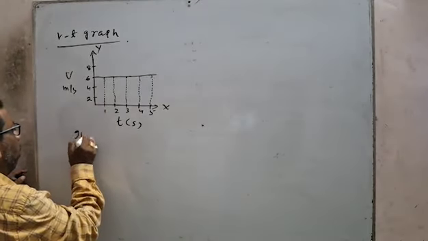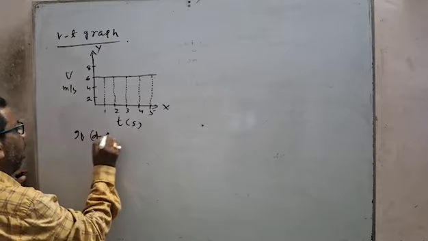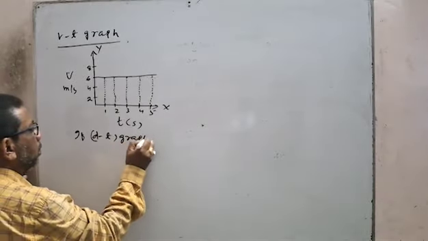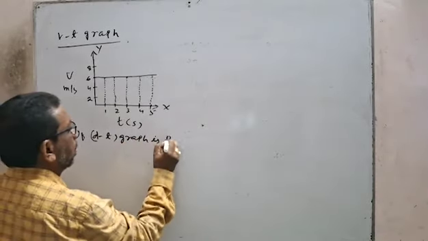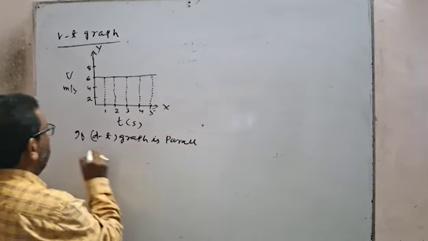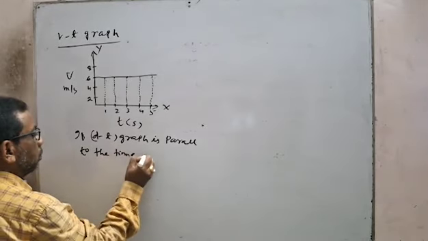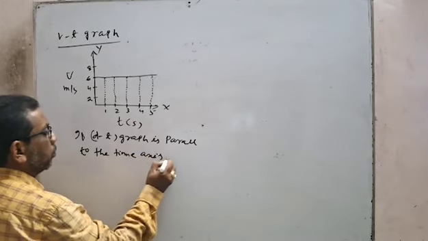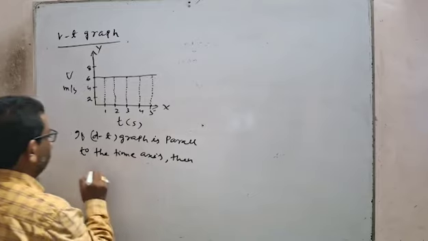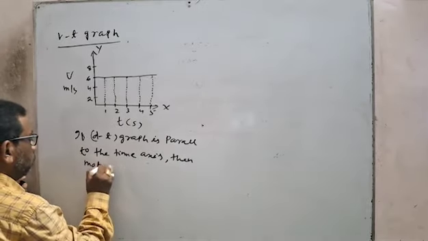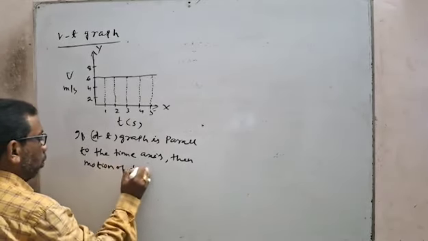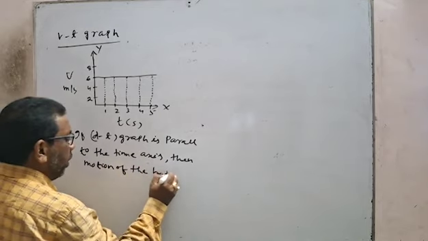From this graph, we know if the v-t graph is parallel to the time axis, then the motion of the body is uniform.